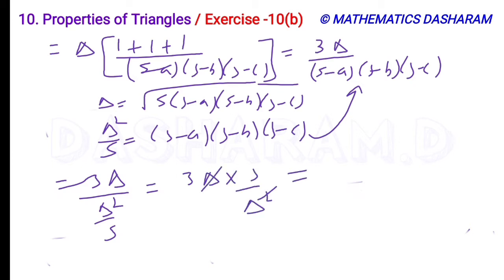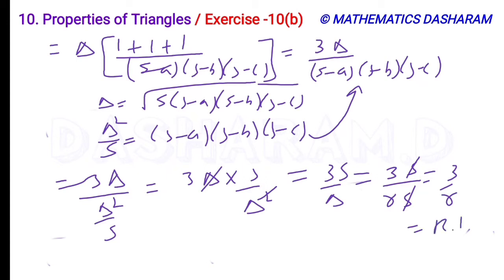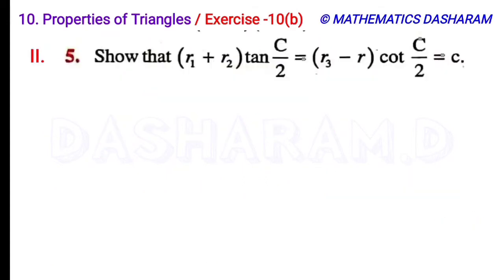Delta cancels, so 3s divided by delta. But in the incircle we have a formula for delta, that is r into s. So s cancels, 3 by r. So it is equal to RHS. So hence proved.